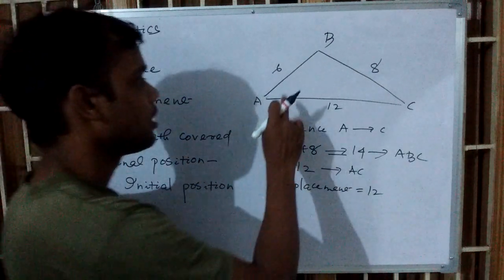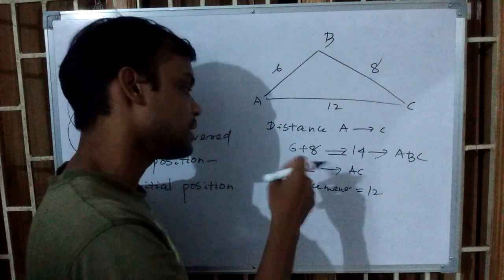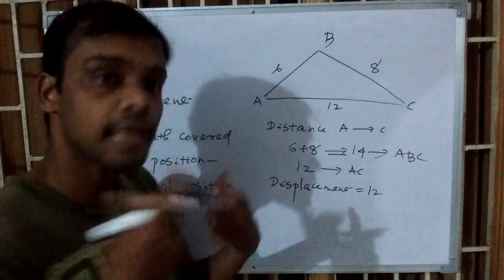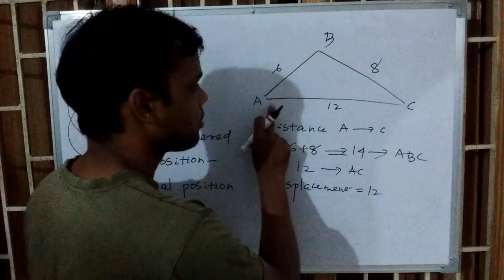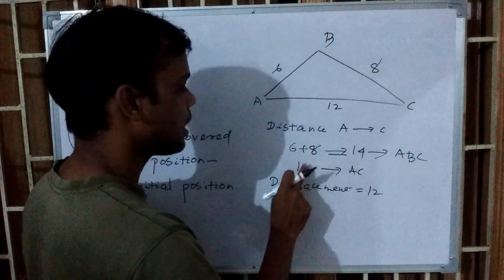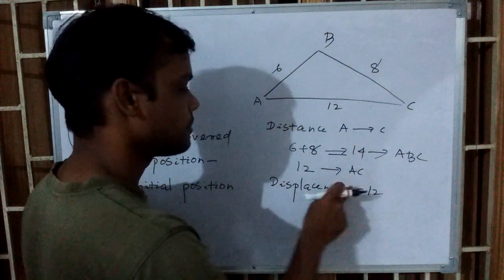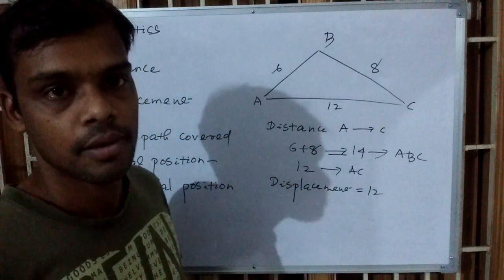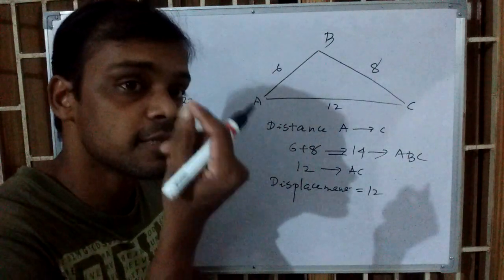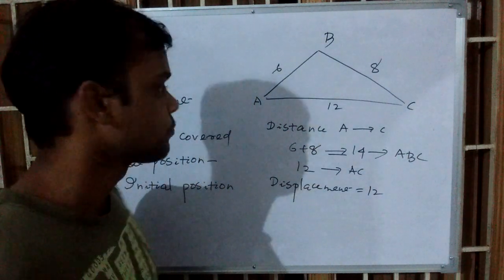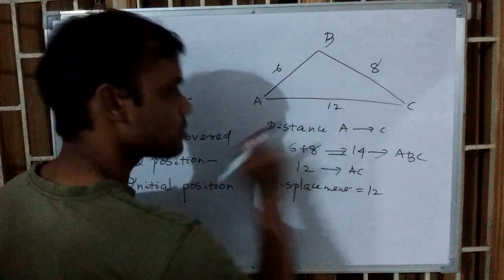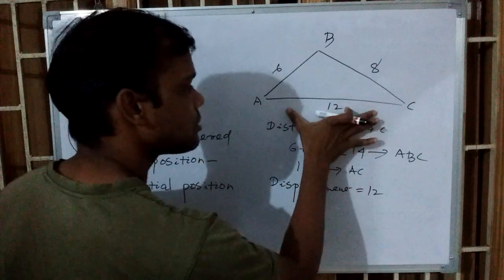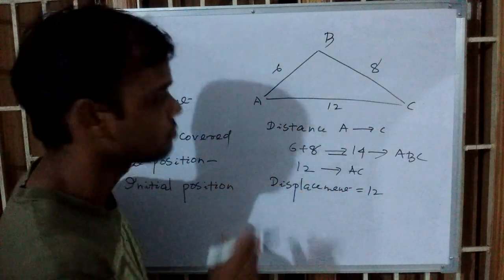Another thing is, distance itself is also displacement. From A to C I can go directly and my distance is 12. Displacement is also 12. That means I can say displacement is also a distance, but it is a special case of distance. So displacement is the minimum value of distance.